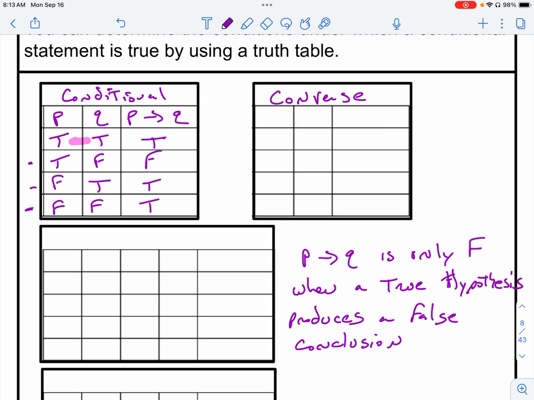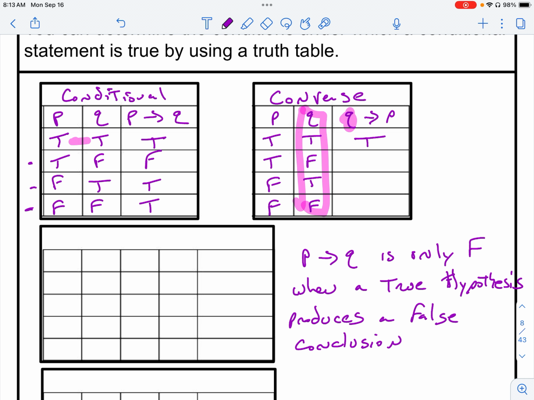So the converse. For the converse, we're going to have P and Q again, but we're going to have Q to P. So we can have them be both true, P true and Q false, P false and Q true, or both false. Now remember, in this instance, Q is first. So both true, the statement is true.